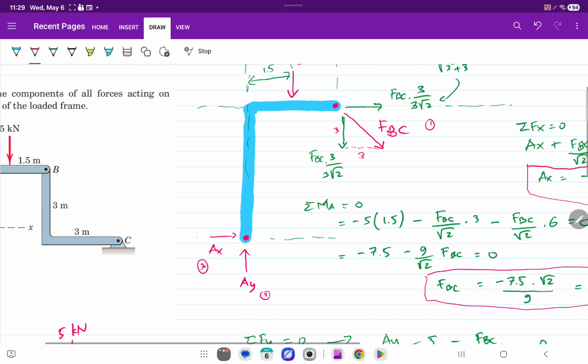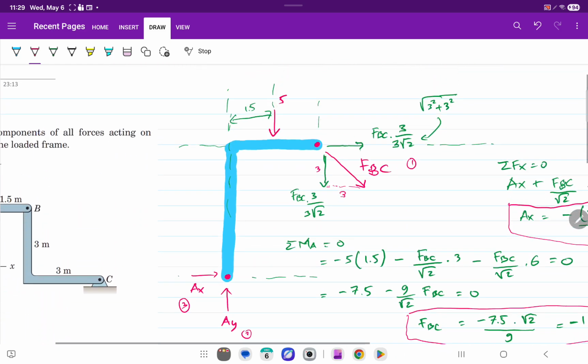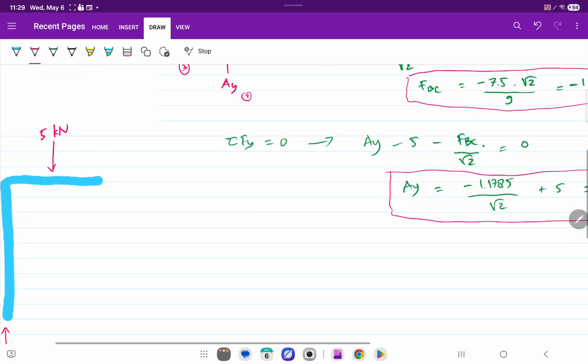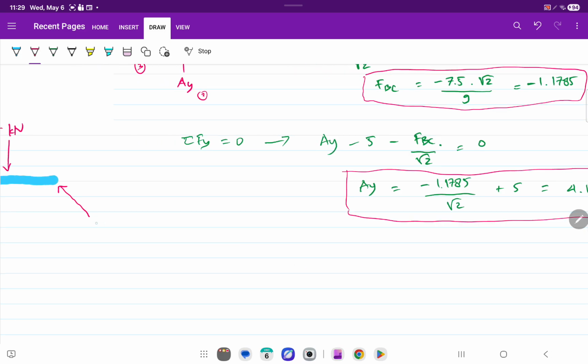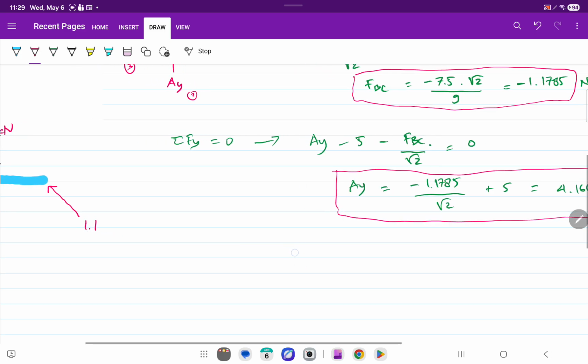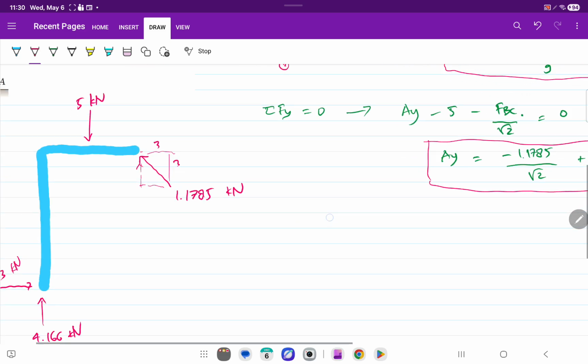And then you have FBC, which is minus, so actually the direction is reverse, and that is 1.1785 kilonewton with this ratio of 3:3.